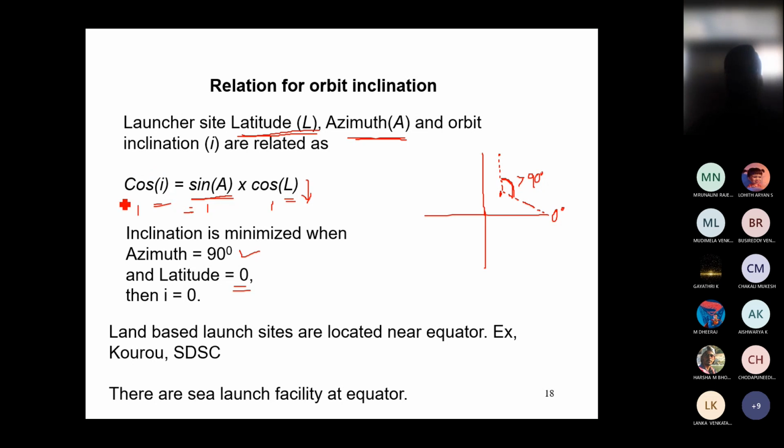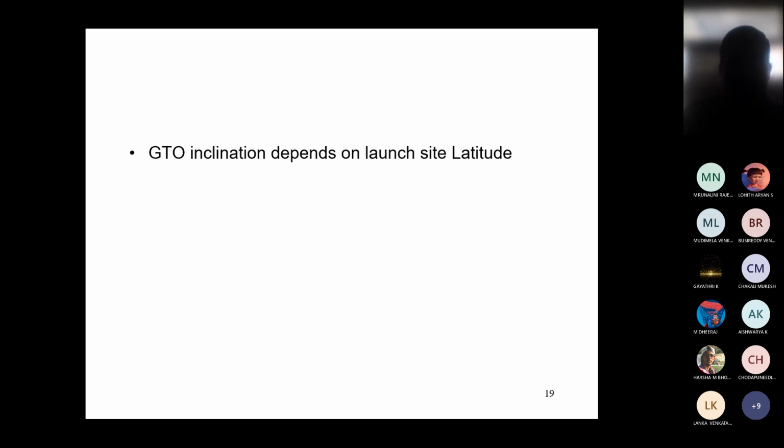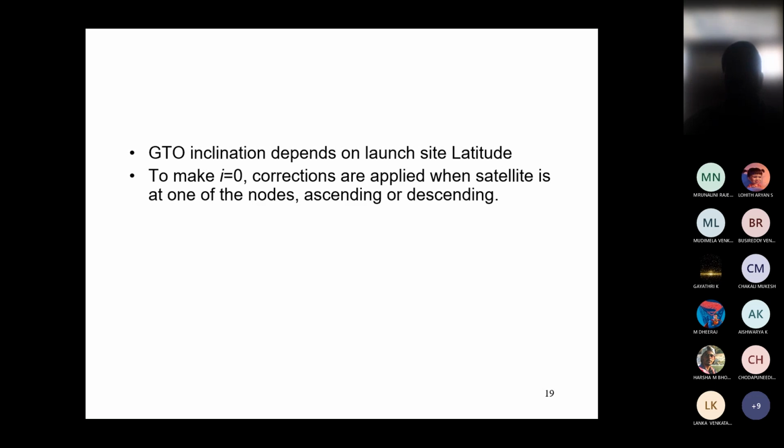Okay, so this expression tells how the inclination angle, that means orbital inclination, is related to the latitude and the azimuth angle. Okay, so at which azimuth angle we want to launch the satellite. So this GTO inclination depends on the launch site latitude.